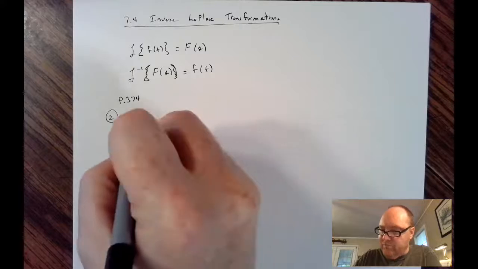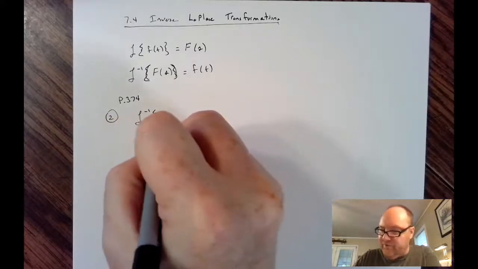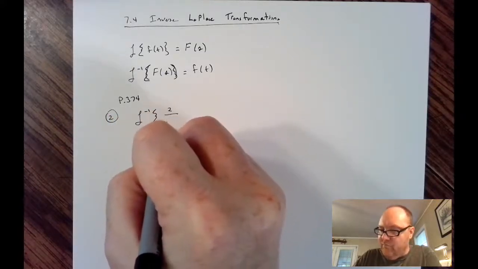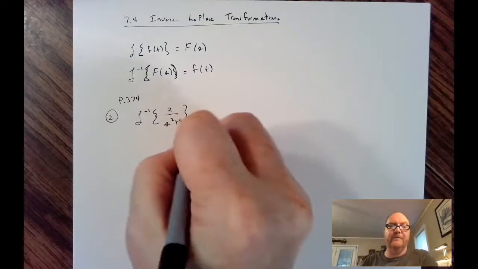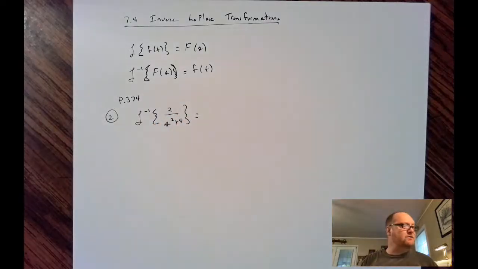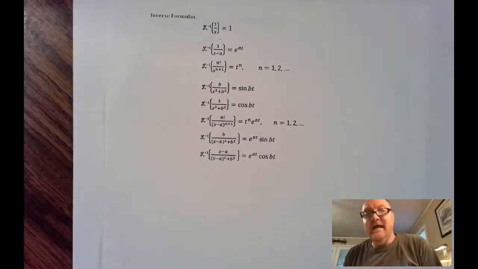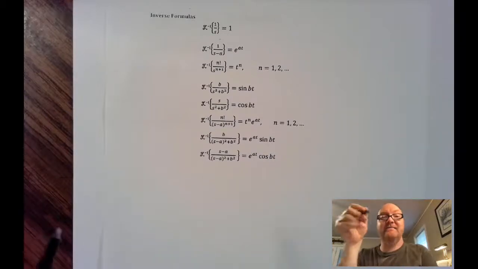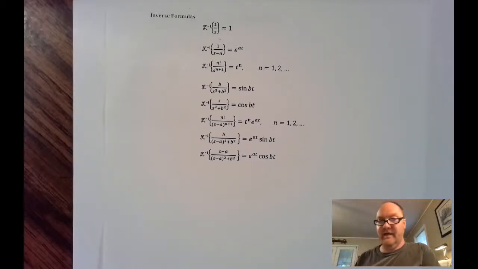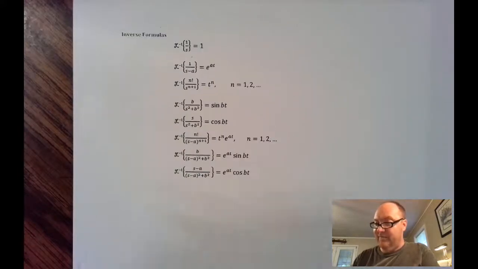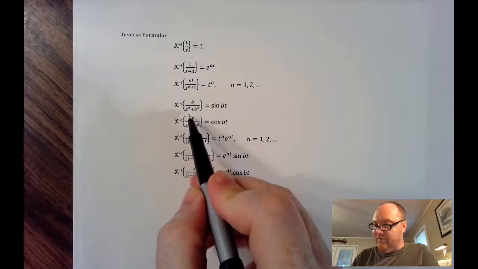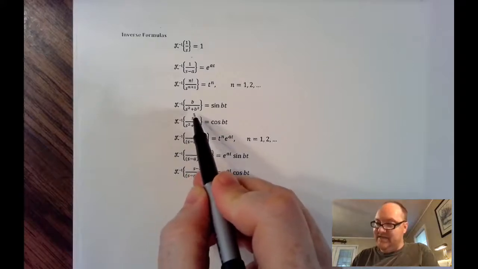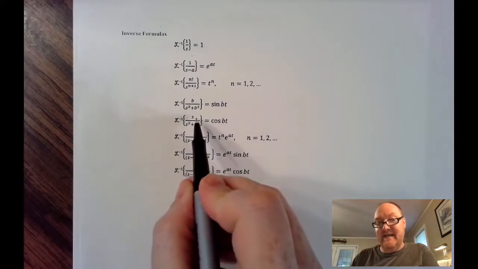Number 2, I want to take the inverse transformation of 2 over s squared plus 4. And so your second page that I gave you on Canvas has the inverse transformations on it. Again, y'all, I have a finite number of these, so I've got to find one that fits the form. In particular, I needed, for this problem anyway, an s squared and something else squared. I'm tempted to use the cosine, but it has an s, and that s is the variable, right?